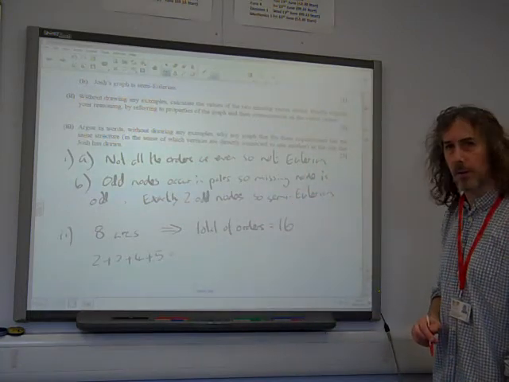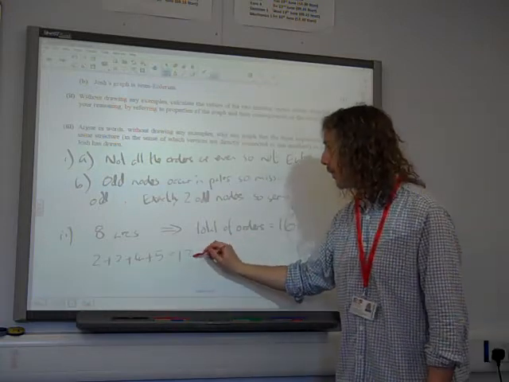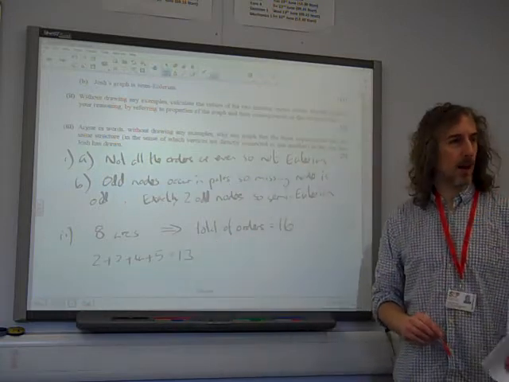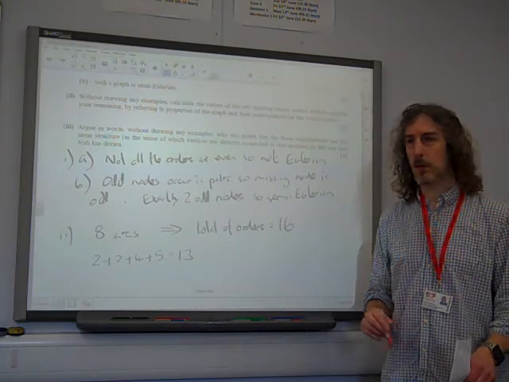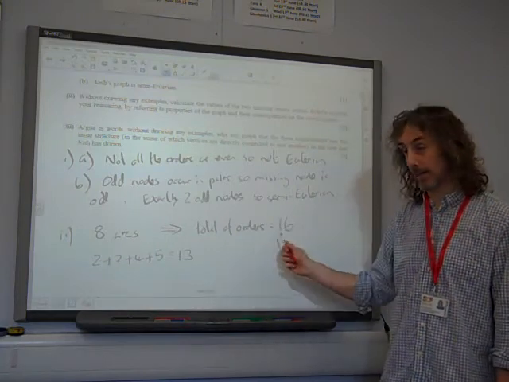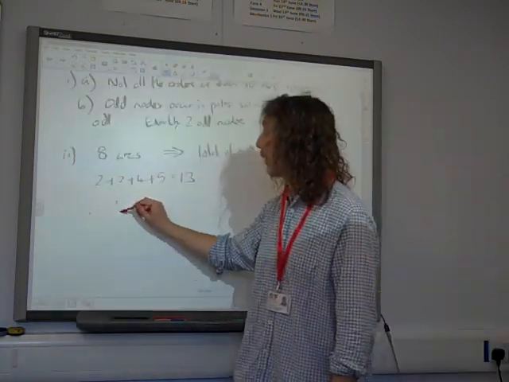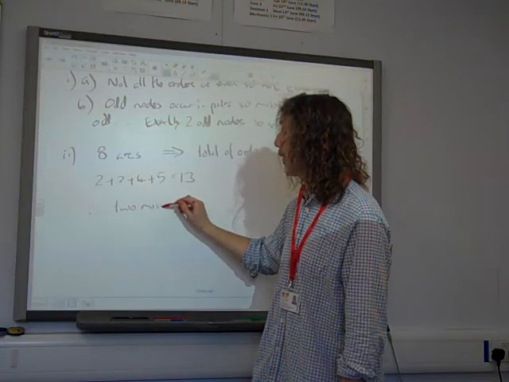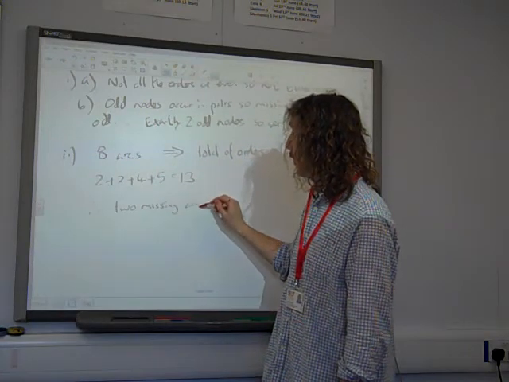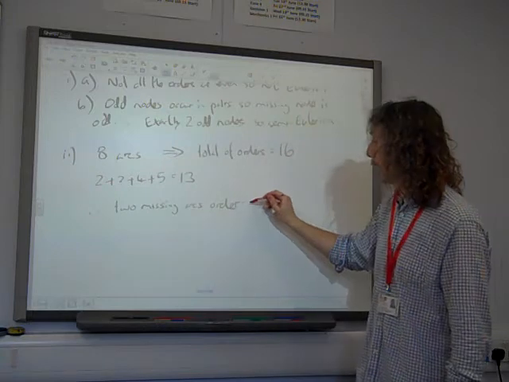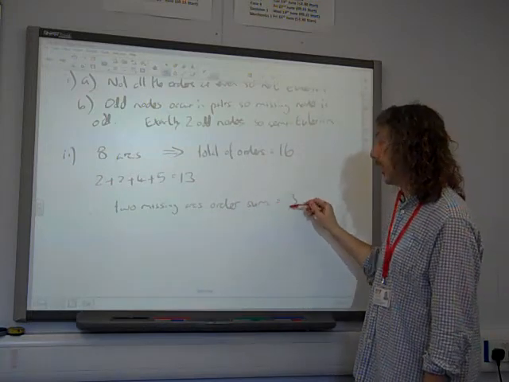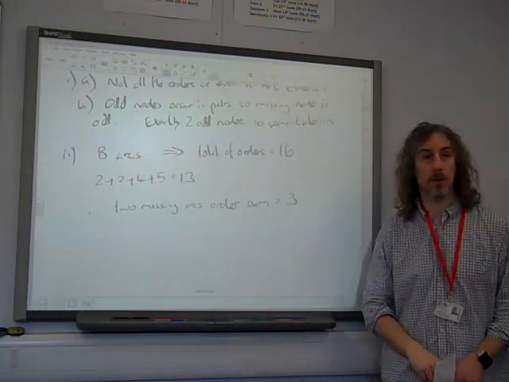So what does that come to? Is that 13? So the remaining 2 arcs must have order adding up to 3. So the order sum of the 2 missing arcs is 3.